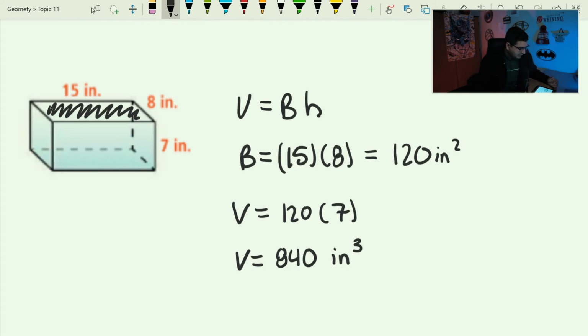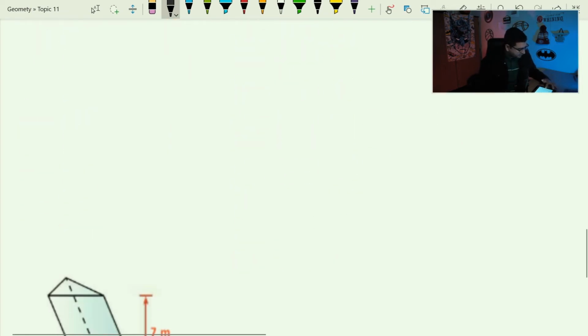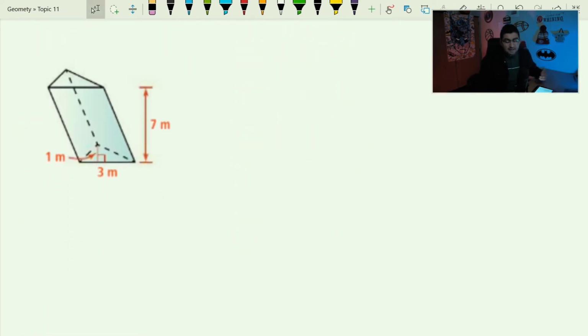But like I said, depending on what shape we have, in this case B was just length times width because we were dealing with a rectangle. That's the area of a rectangle. That's not always going to be the case, as you're going to see in this next problem. Now we have a triangular prism, where B is going to be the area of a triangle.